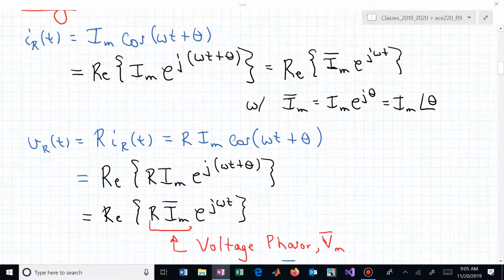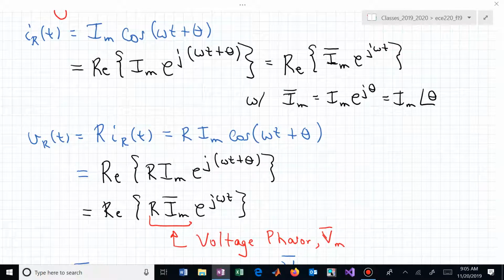The voltage is given by Ohm's law. We scale by R, the current. Again, we're taking the real part of what's associated with that complex exponential, and the resistor value, since it's constant, it can easily slide inside the curly braces.